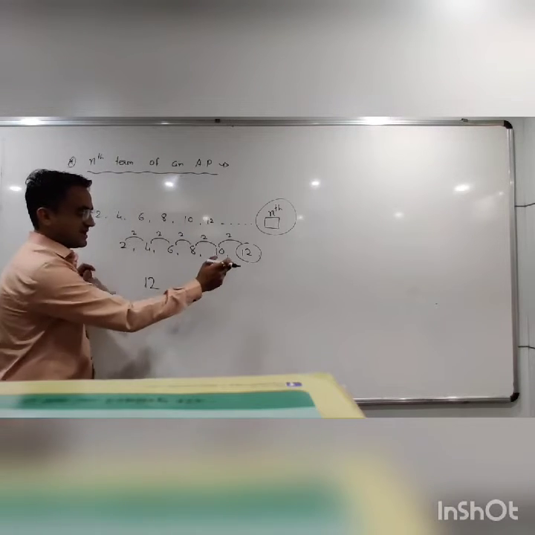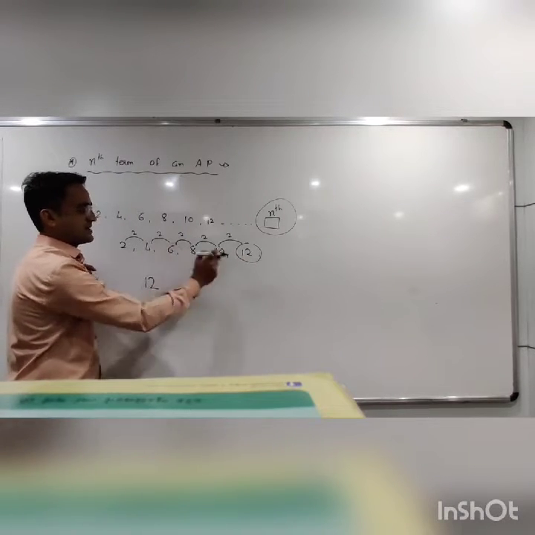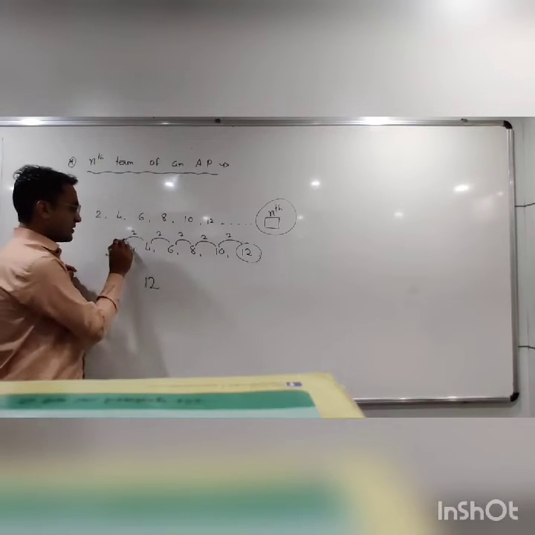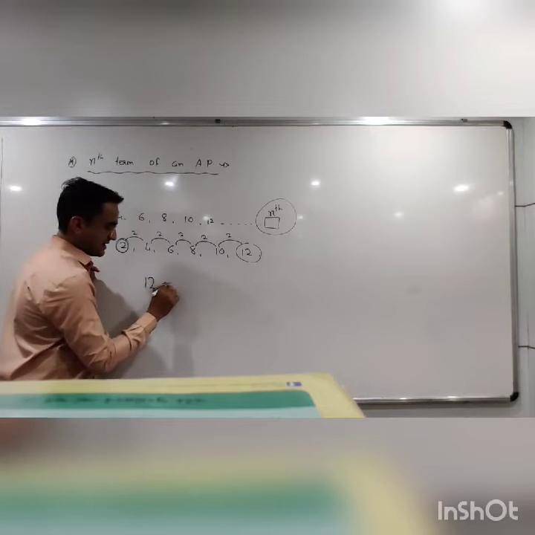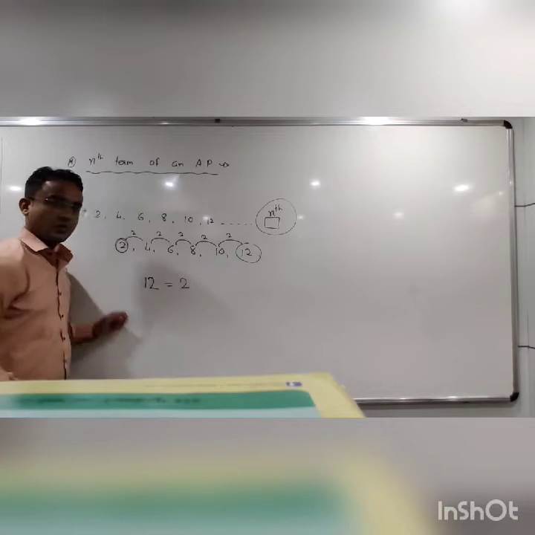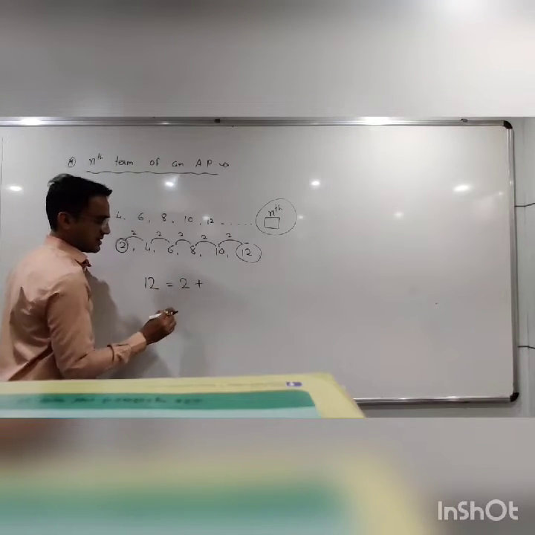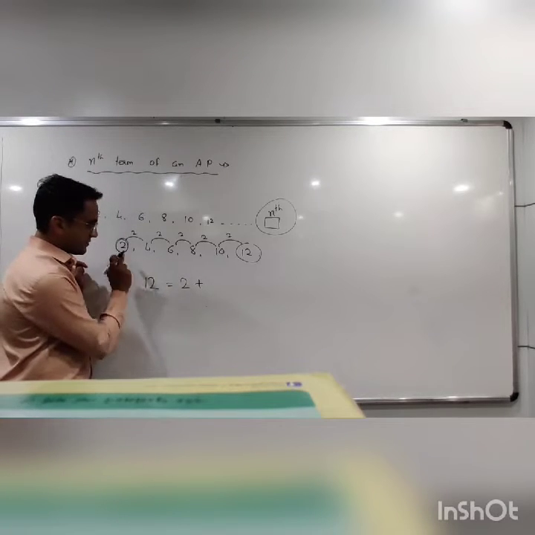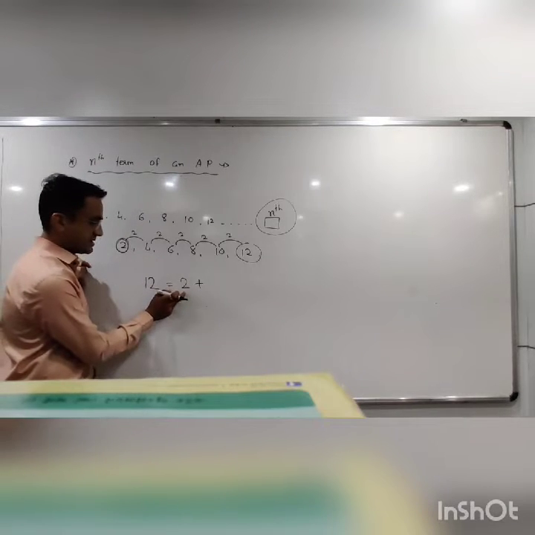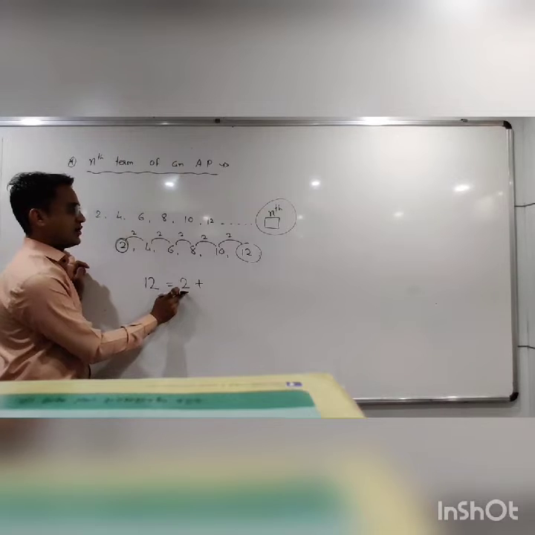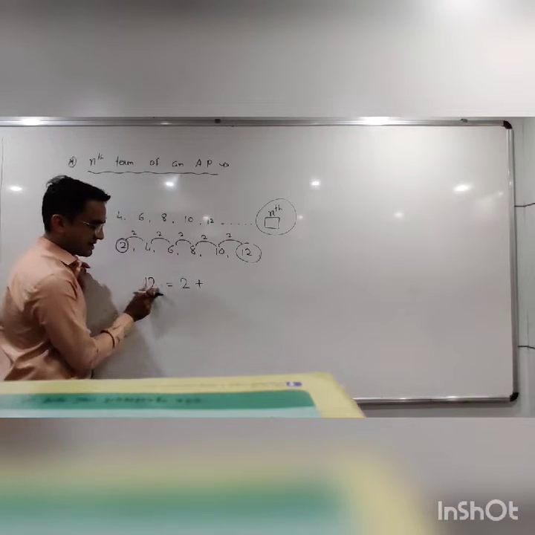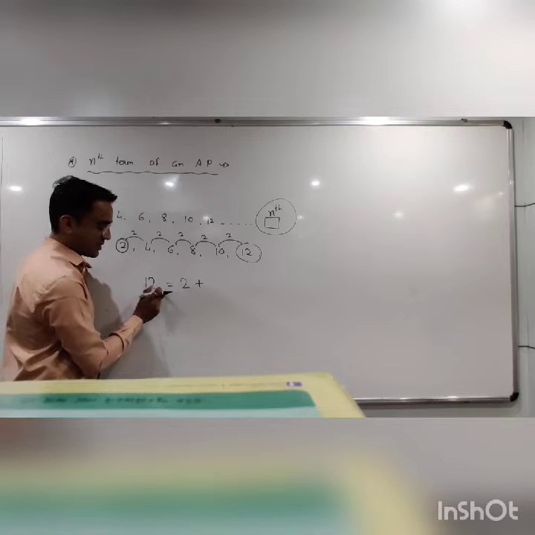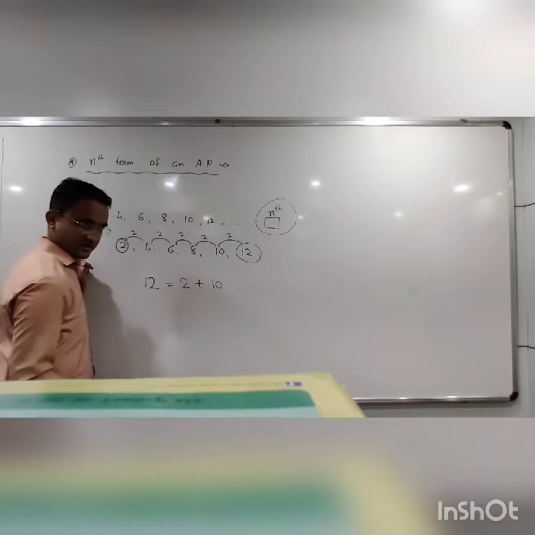So what is the relation between the first and last term? Here your first term is 2. So I can write 2 plus. What do you have to do? First of all, you have to write the first term, here 2. Now, how many times? What is remaining? If you subtract 2 from 12, it will become like this.